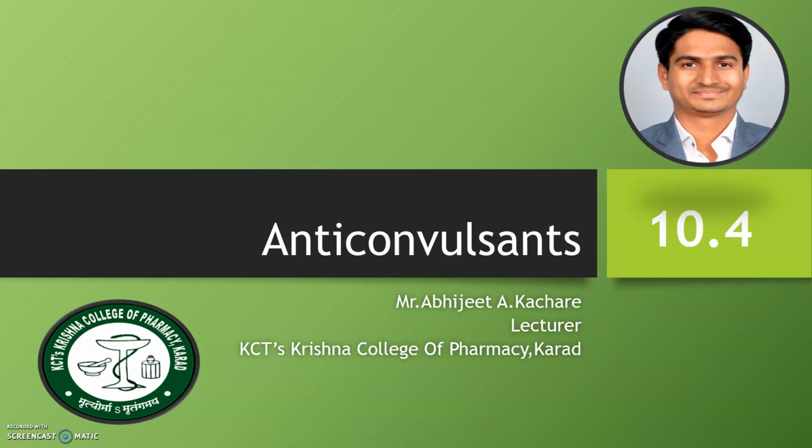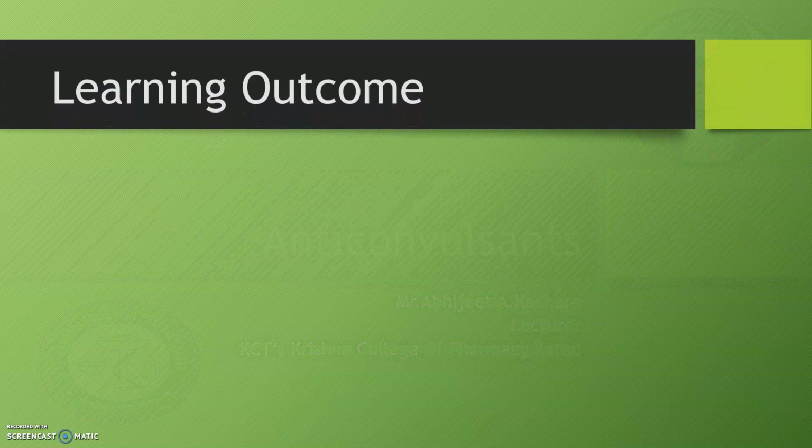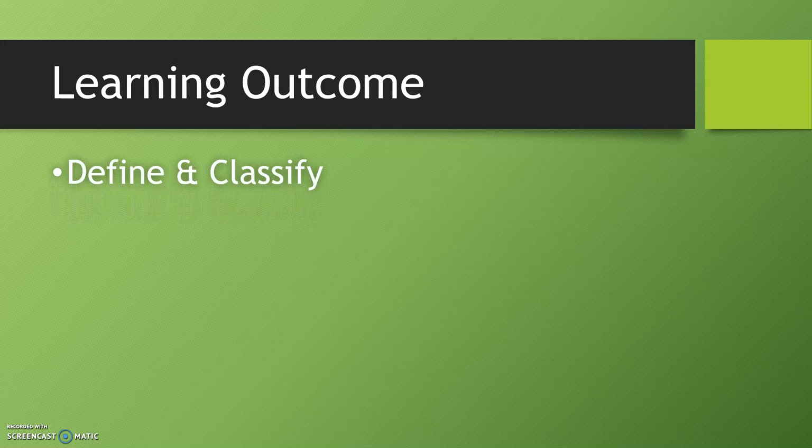What do you mean by convulsions? What are the different drugs which are used as anticonvulsants? This is all brief about this chapter, we will discuss in the next slides. So these are the learning outcomes.